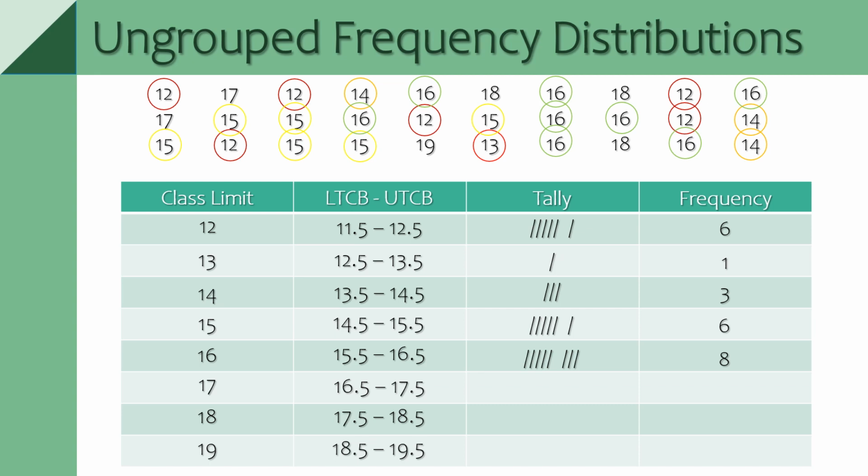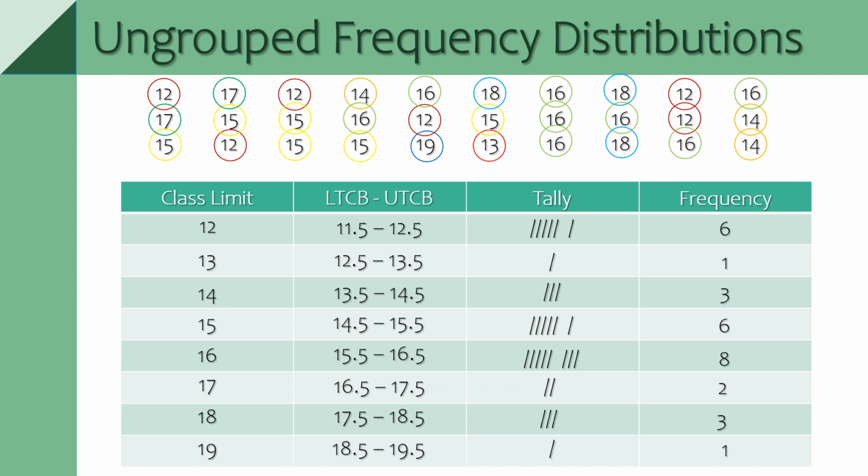Okay, so how many 17 in our data sets? So we have 1, 2. Okay, so there are only 2. How many 18? So we have 1, 2, 3. So there are 3 18s. And then how many 19s? So we have only 1 19.